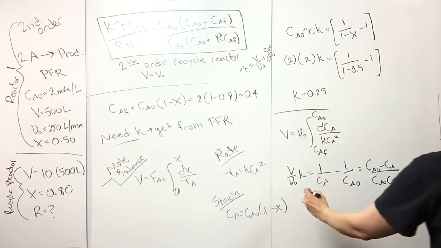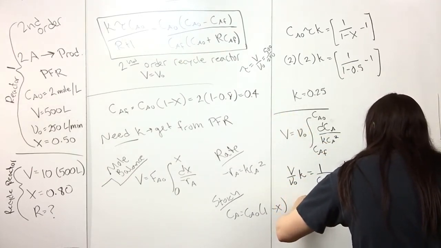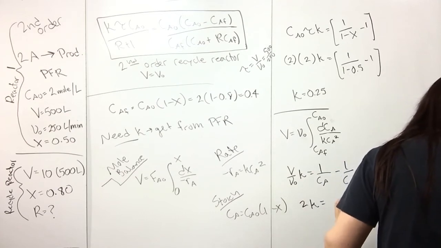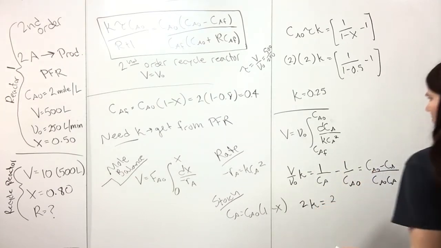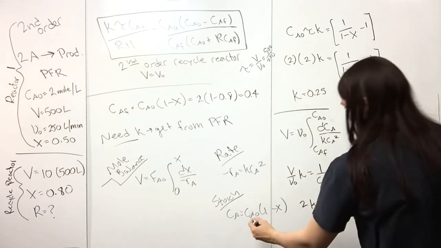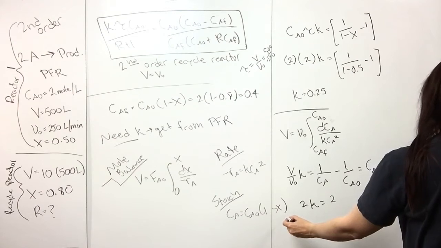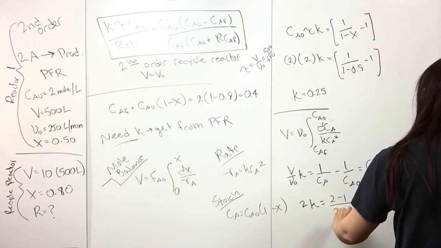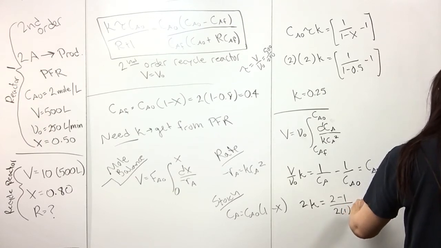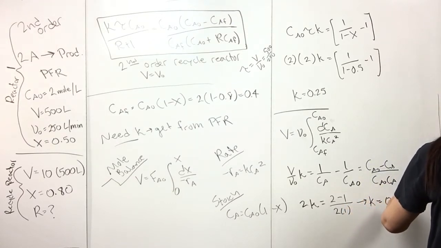And then if you plug everything in again, so you have 2 for tau k is equal to CA naught, which is 2. We can calculate CA because we know CA naught and we know X is 0.5. And if we do that, it ends up being 1. So 2 multiplied by 1. So then if you solve for k, you get that k is 0.25.